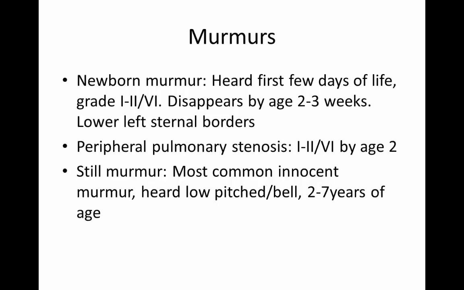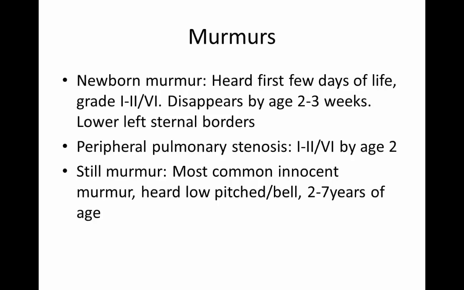Then you have the Still murmur, the most common innocent murmur of early childhood. It is typically heard between 2 and 7 years of age. It is loudest midway between the apex and the lower left sternal border.